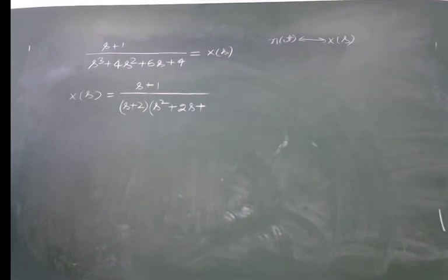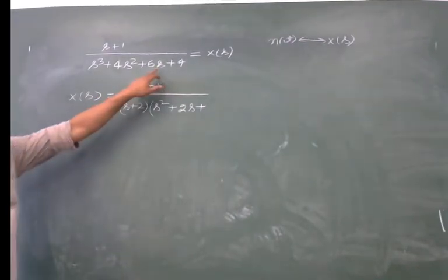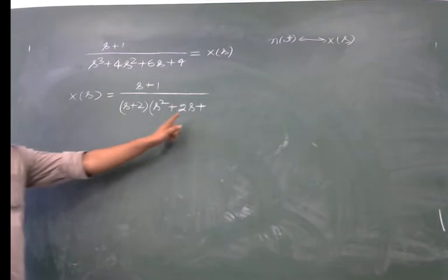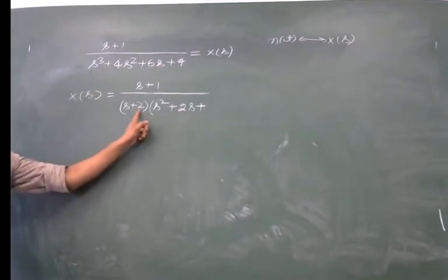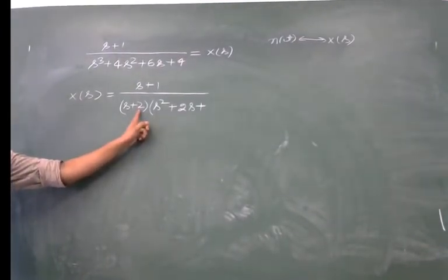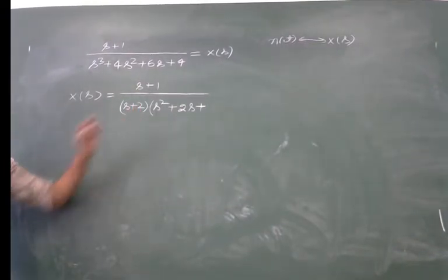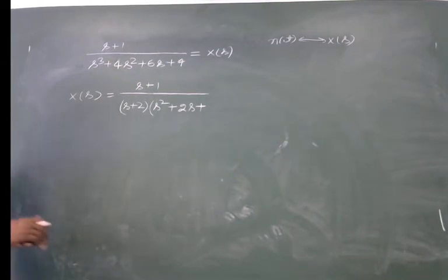Now we want here 6s, and what we are getting is 2s into 2, 4s. For that purpose, we need another factor of 2s.